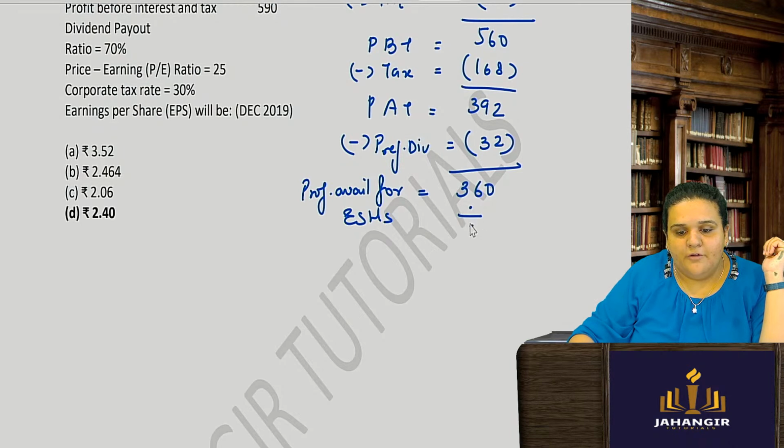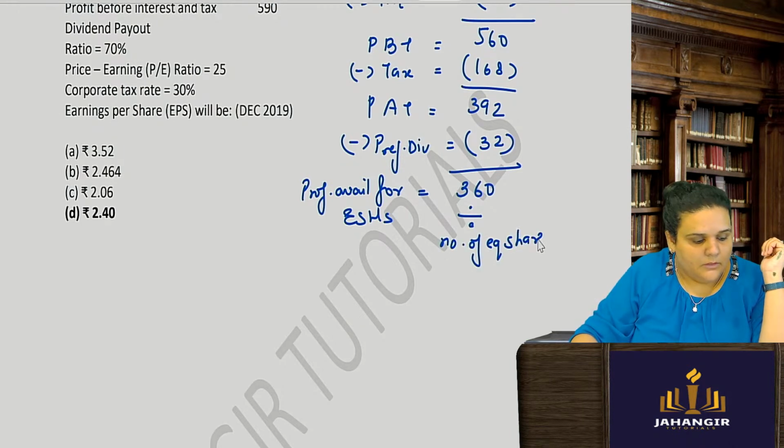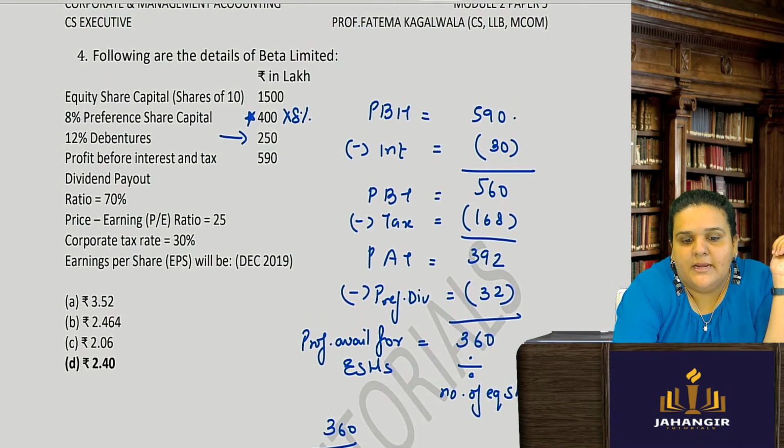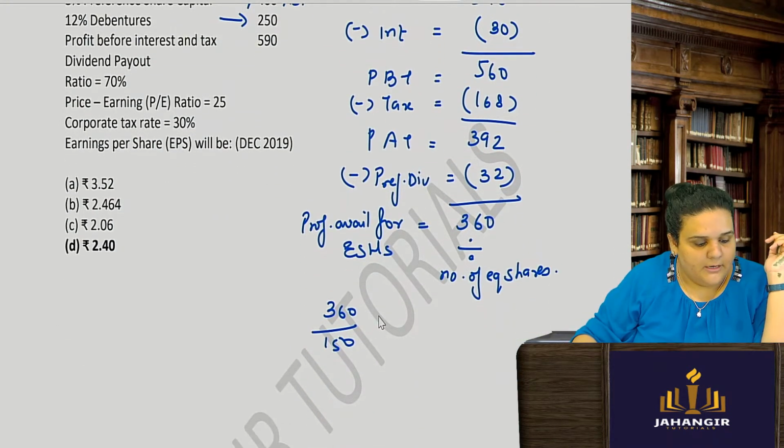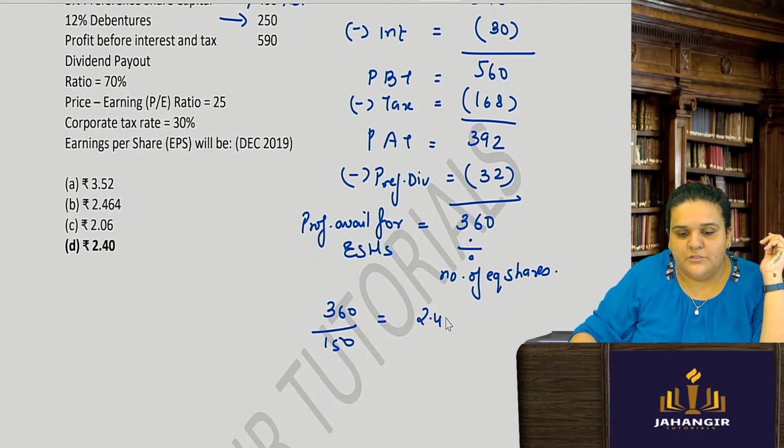Divide that by number of equity shares. Number of equity shares is 1500 lakhs divided by 15 rupees share, so 150. Therefore, earning per share is coming to 2.40 per share.